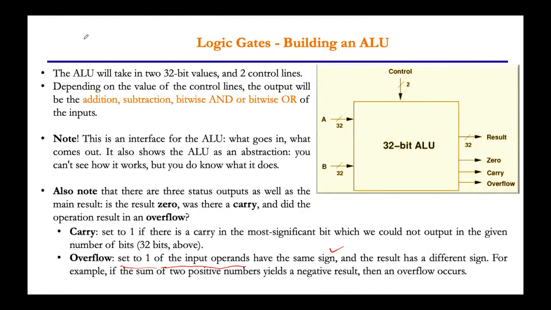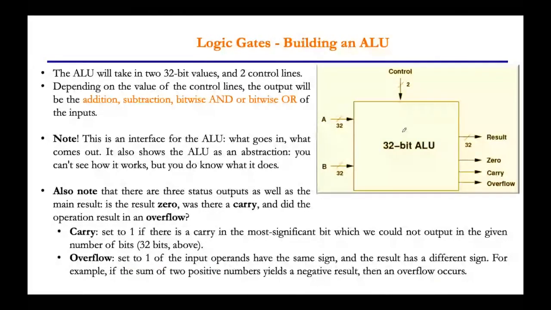That means if you are adding two positive values a plus b, but the result comes out as a negative value, minus c, then it gives a different sign, right? So for example, if the sum of two positive numbers yields a negative result, then the overflow occurs.